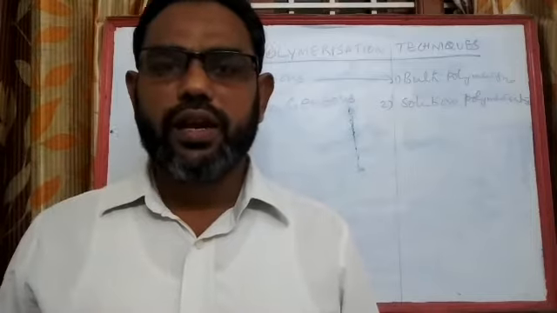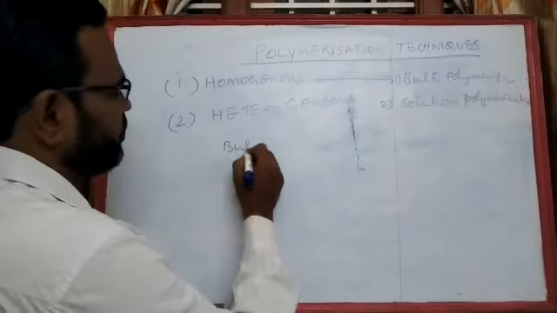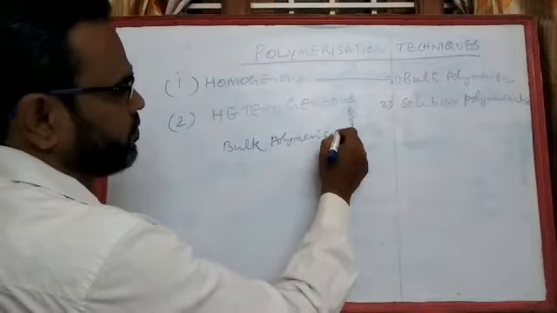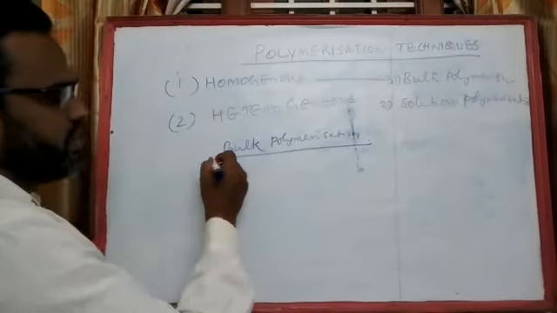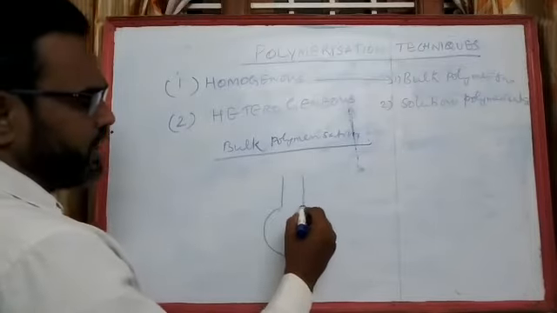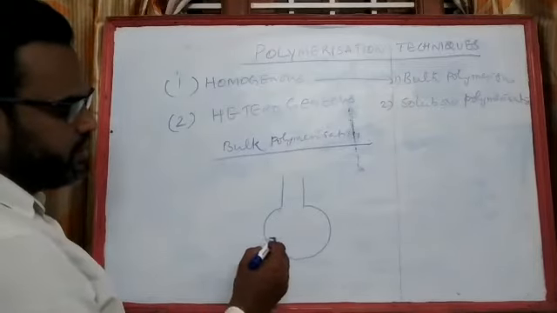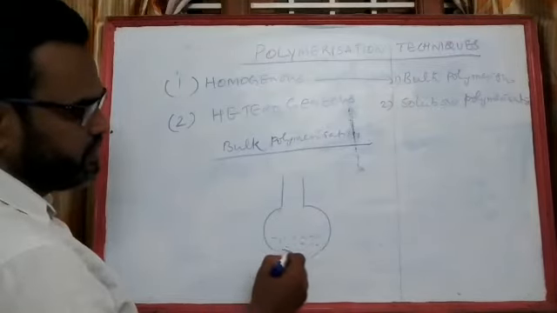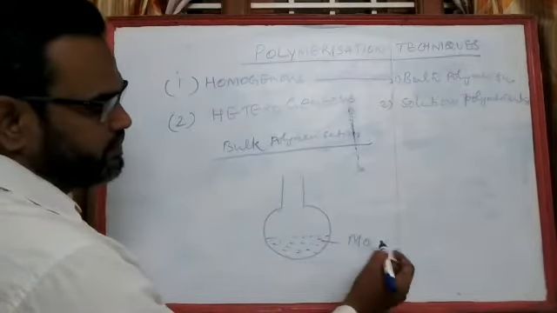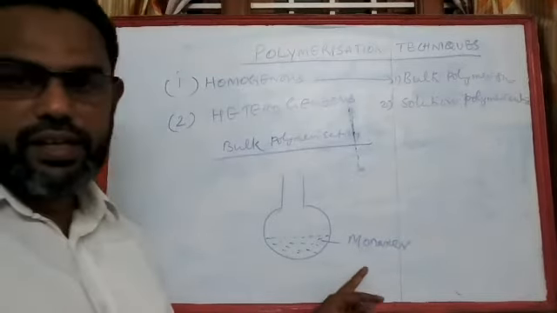So how do we carry out bulk polymerization? Assume this is a reaction vessel in which the monomer is available in the liquid phase.